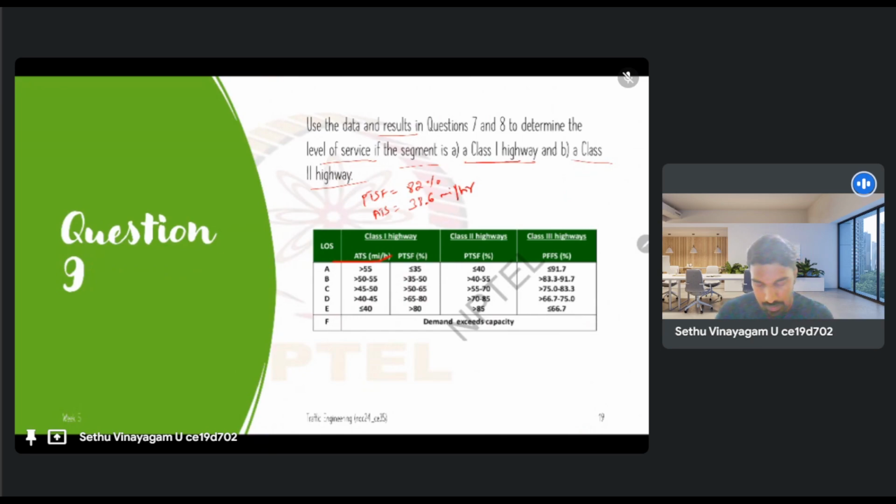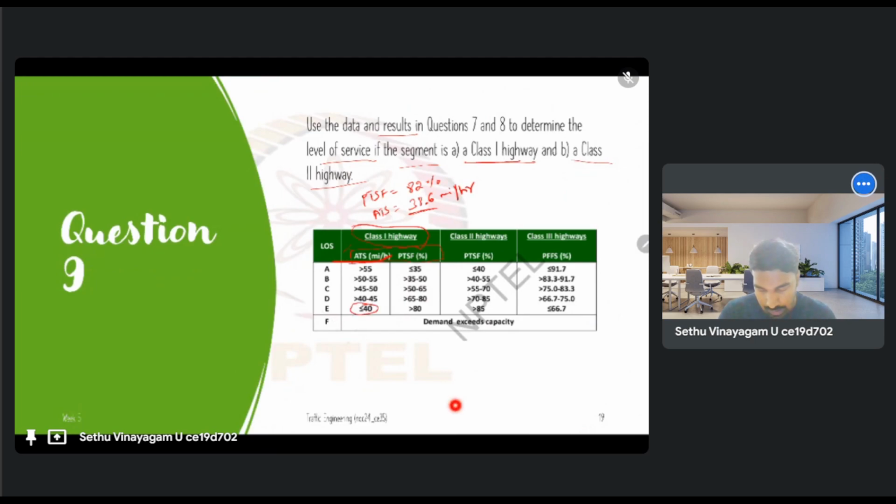So first for part A, we'll assume that it's a class 1 highway. If it is a class 1 highway, we need to use both ATS and PTSF to determine the LOS. First, looking at the ATS value, which is 38.6. So 38.6 is less than or equal to 40, right?